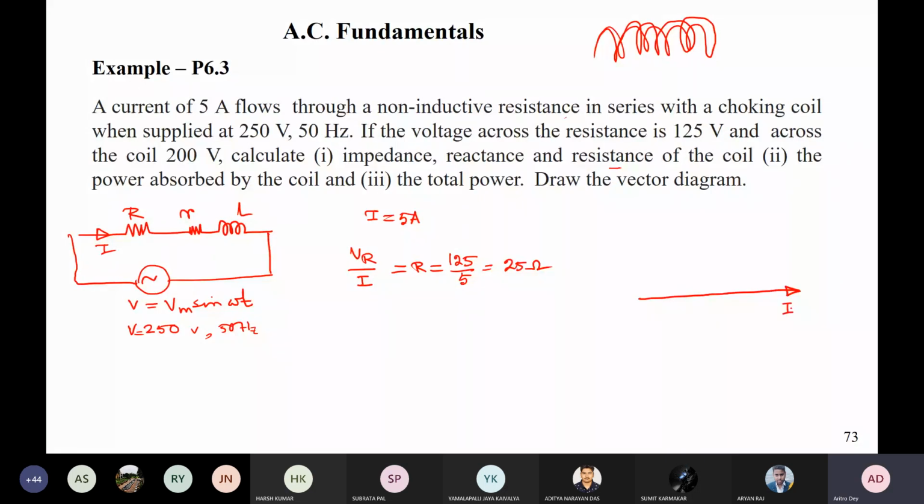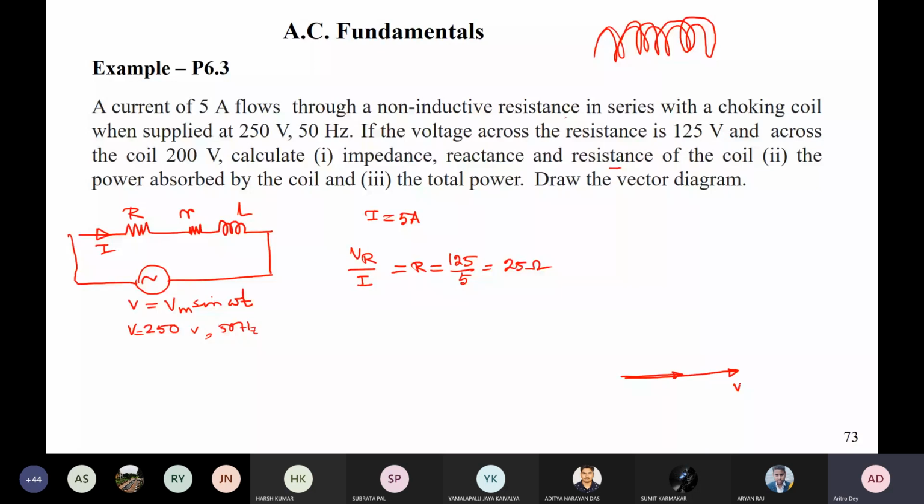So if we get our I, then this is our VR, not drawn to scale. VR is 125, I is equal to 5 ampere. Now I have to redraw it because there is not enough space here. So this is your I, this is your VR.